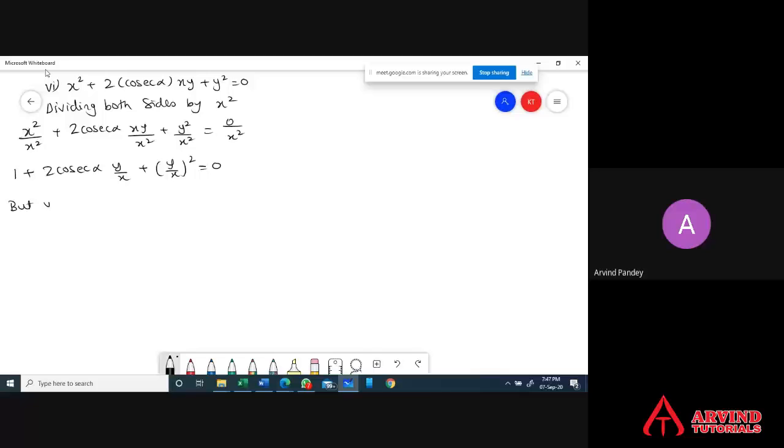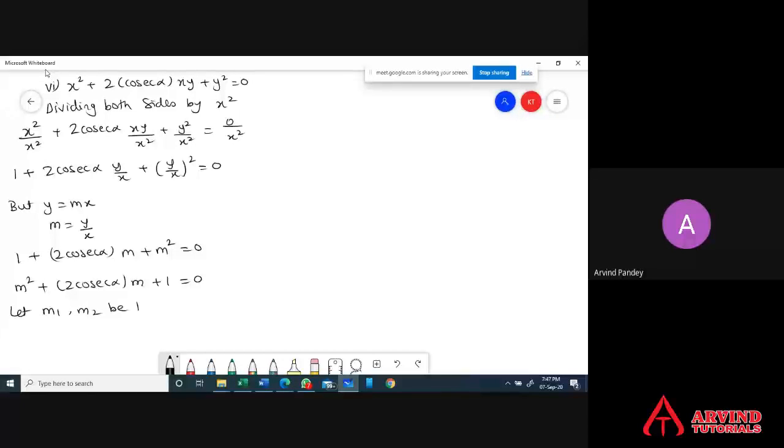But your y is nothing but mx, no? So your m will be y by x. So it is like 1 plus 2 cosec alpha m plus m square equal to 0. That is, I'll write this as m square plus 2 cosec alpha m plus 1 equal to 0. Okay? So next I'll say let m1, m2 be the roots of the equation.